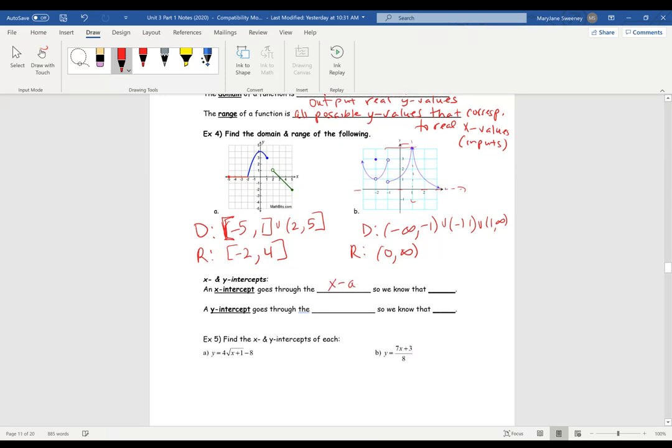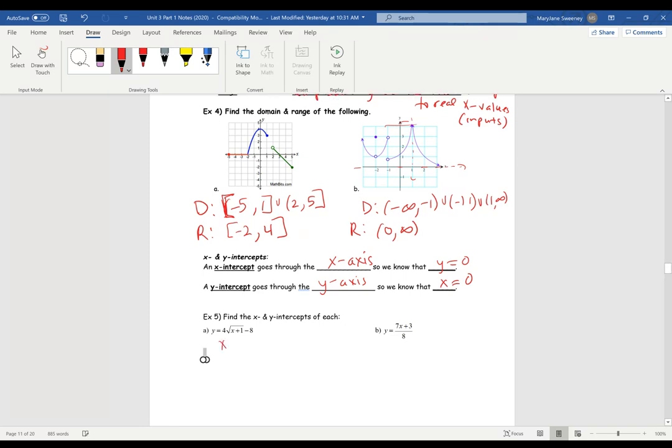X-intercept goes through the x-axis. So we know that y is 0, and a y-intercept goes through the y-axis, so its x value is 0. So if we were to find the x and y intercepts, x-intercept, let y equal 0. So 0 equals 4 square root of x plus 1 minus 8.